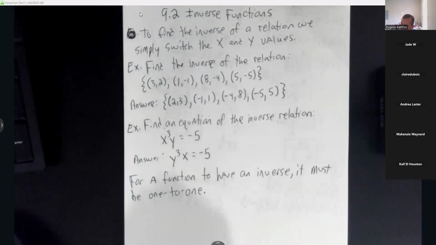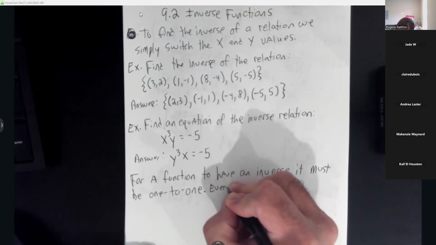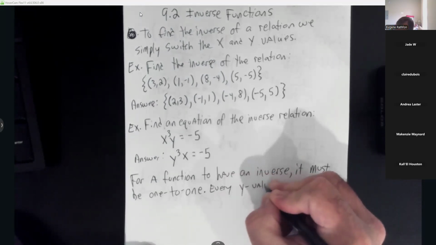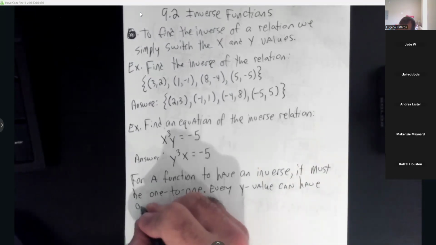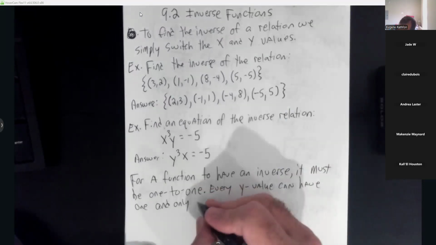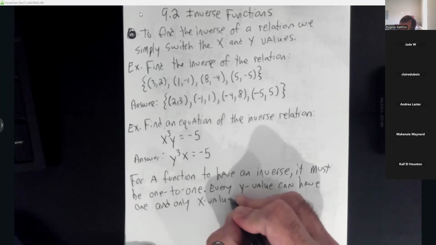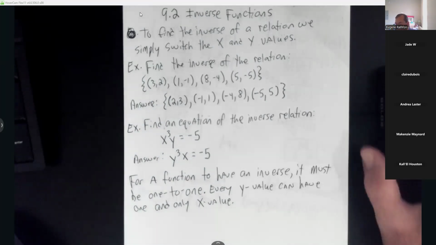Okay? So what this means is one-to-one means every y value can have one and only one x value. Well, that makes sense if it's going to be the inverse of this. That means the y values can only have one x value. Okay? So it's almost opposite of a function, okay?